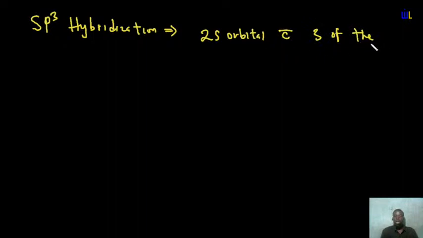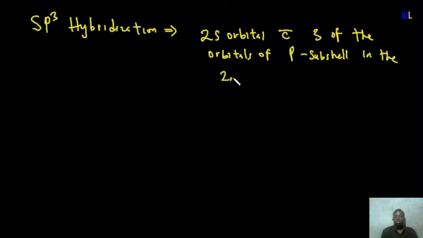Hybridization that occurs between the 2s orbital with 3 of the orbitals of the p subshell in the second energy level. So this is what we refer to as sp3 hybridization.